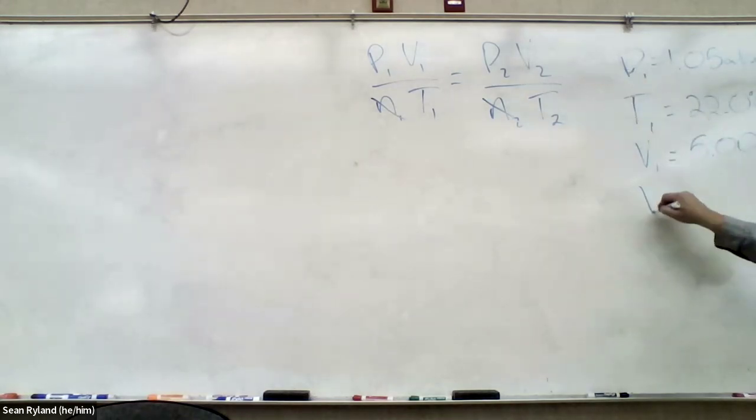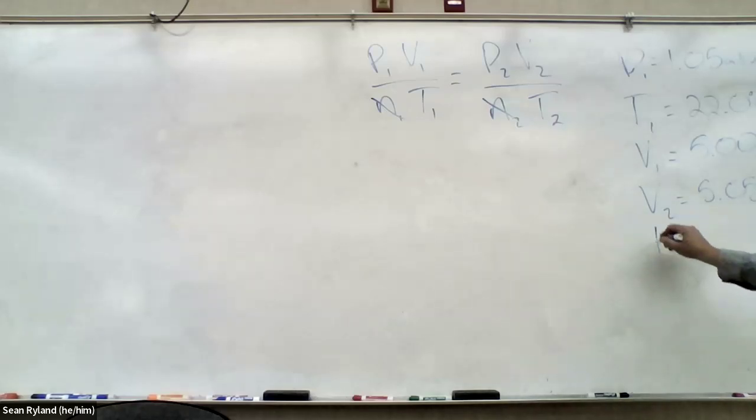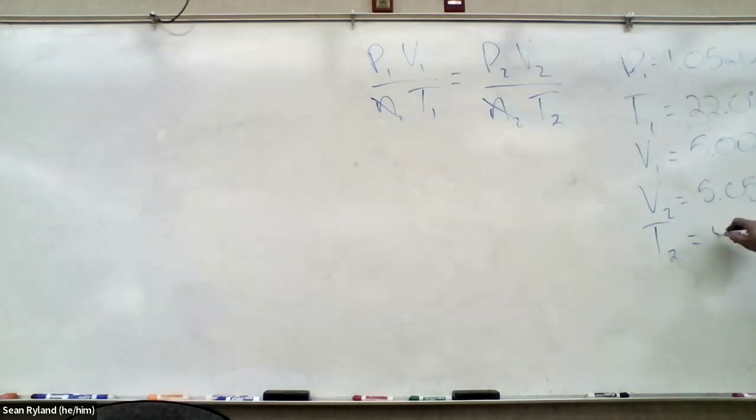P2 is what we're solving for. V2 is 5.05 liters. T2 is 40.5 Celsius, which is 313.7 Kelvin.